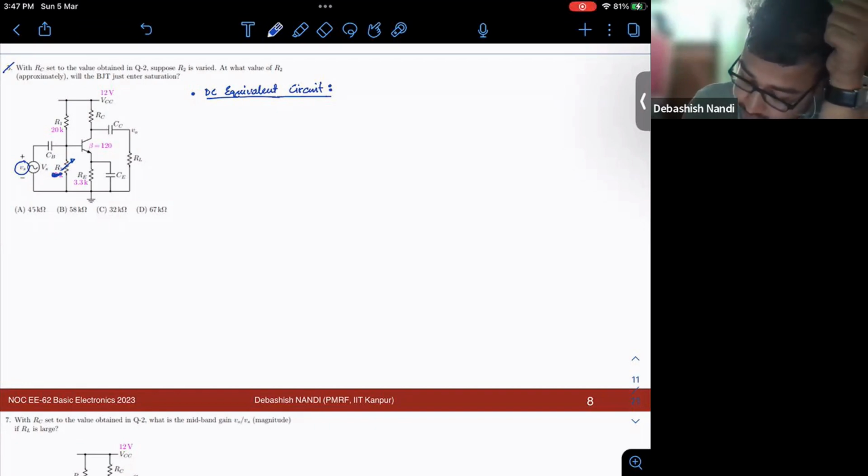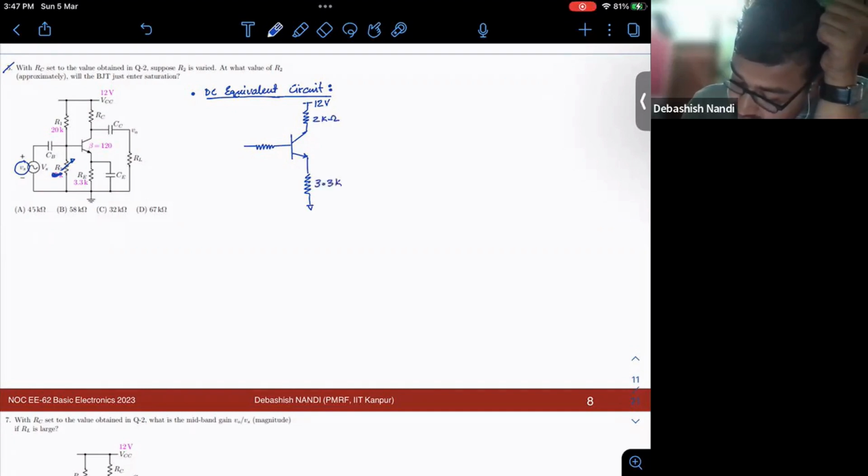So this circuit is 12 volt, RC set to the value, it was 2K. Then this was my 3.3K.